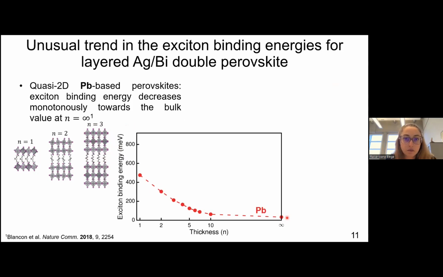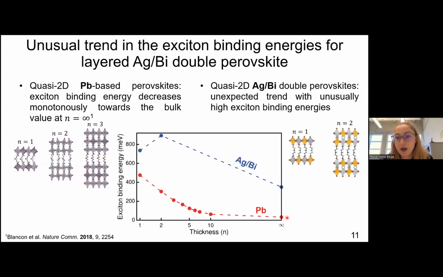Now, this is what you would expect from the 2D double perovskites as well. But what is really happening in those experimental systems that are available in the literature? Unfortunately, for those we don't have n equals 3 and greater. But for n equals 1 and n equals 2, when n defines the number of perovskite layers, the trend is not the same as the lead-based.